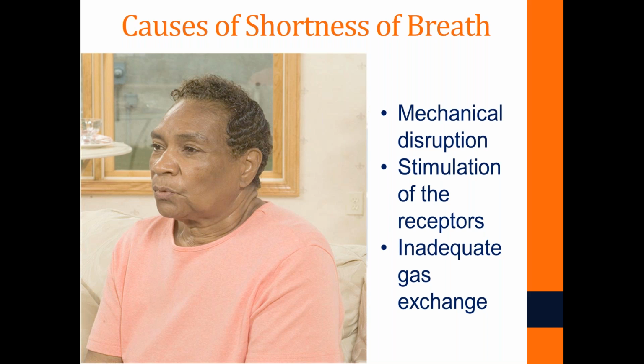Because if they relied on hypercarbic drive and their blood typically held on to carbon dioxide, they would stop breathing. The pathological process that these people breathe on is called hypoxic drive. Now, we've talked about hypoxia. So what do you think hypoxic drive does?